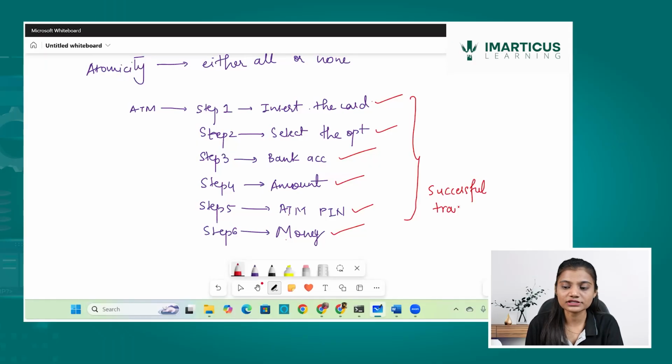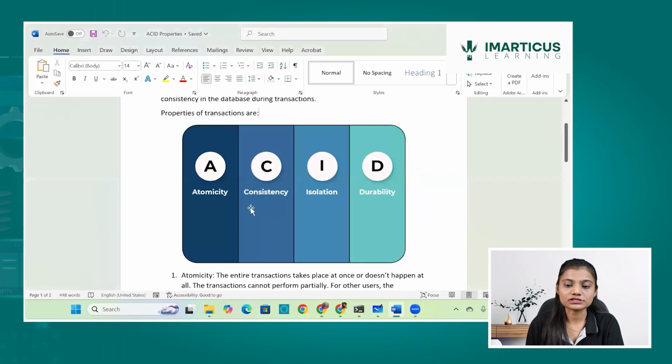A successful transaction, and this transaction entry will be inserted into my database or into the bank account. So whenever I go and print my statements, I'll get this transaction printed over there, because this was one successful transaction where all the steps were successfully completed. This is the meaning of atomicity.